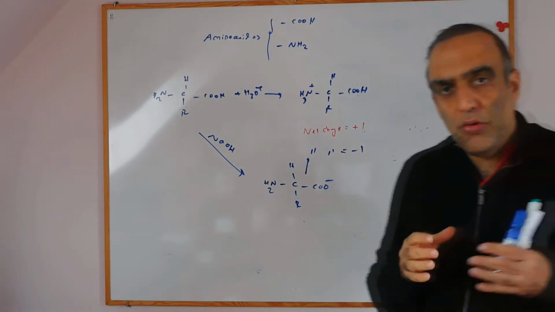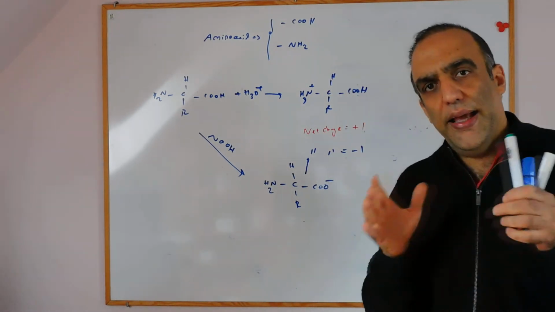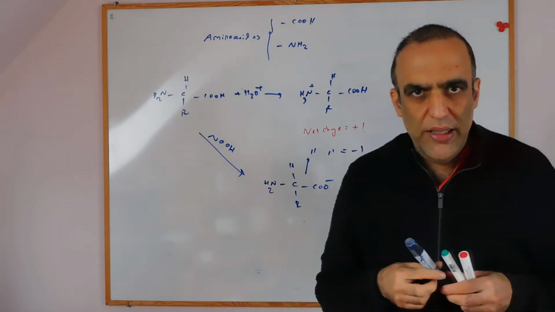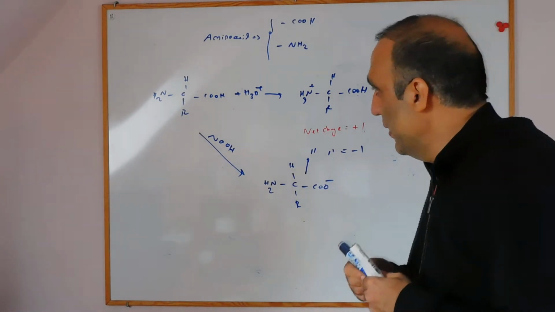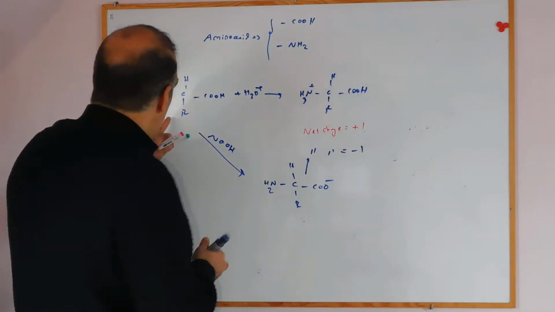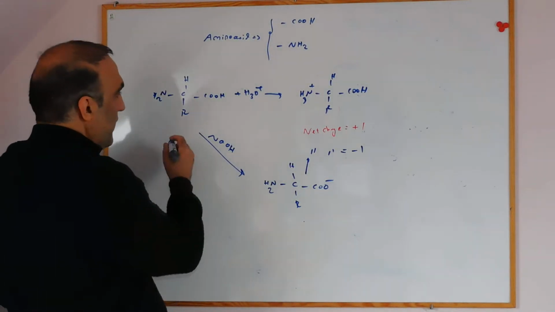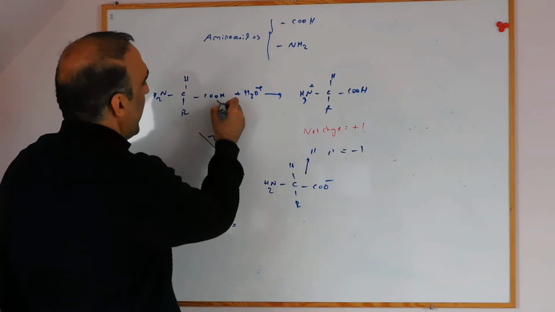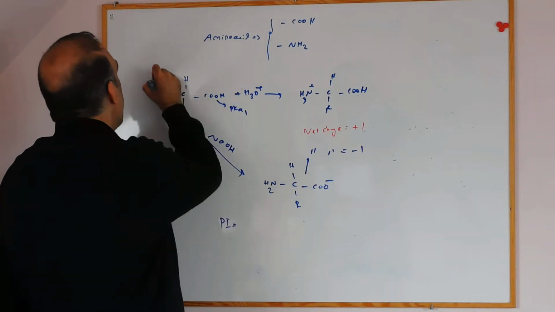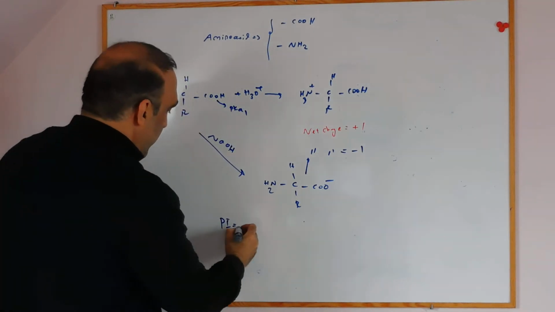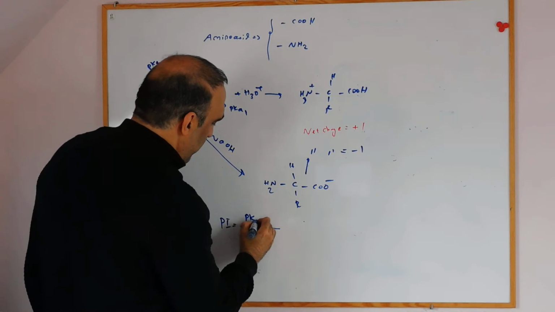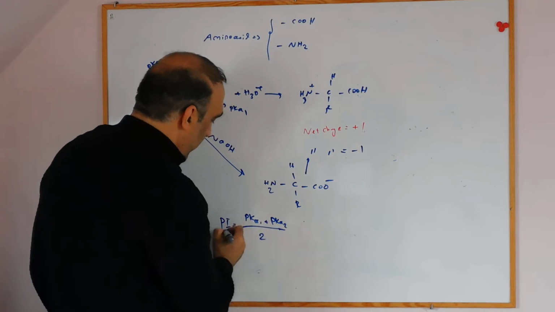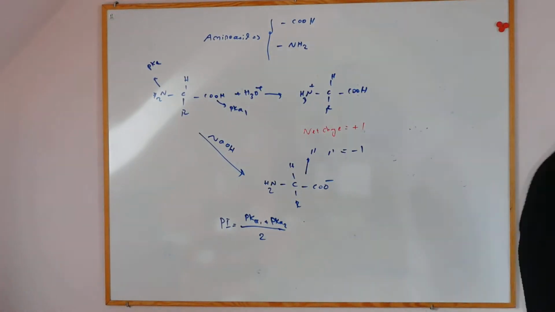Okay? For calculation in this case, we need to know about the isoelectric point, or pI. Every amino acid has an isoelectric point, okay? The carboxylic group has a pKa1 and the amine group has a pKa2, and normally pKa1 plus pKa2 divided by 2 gives us the isoelectric point pI.